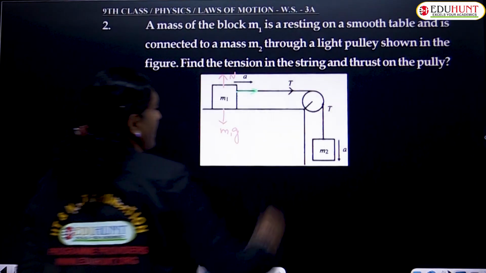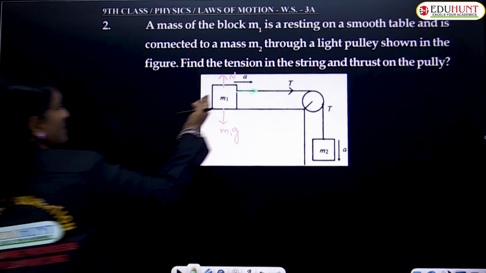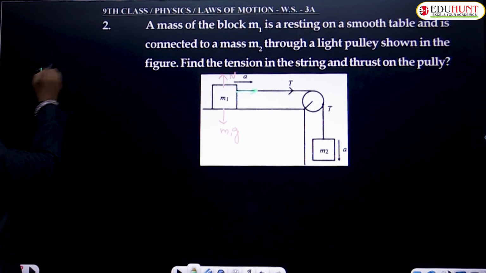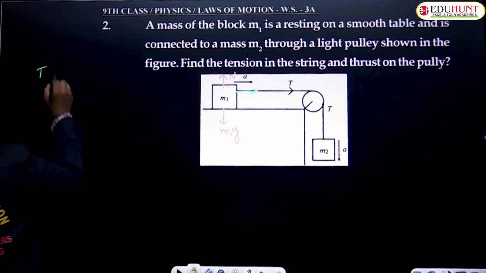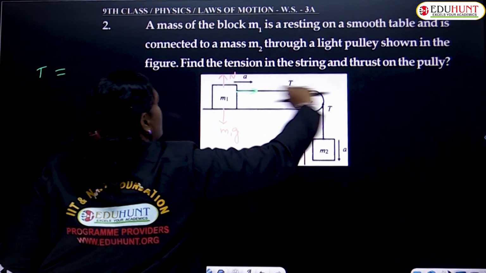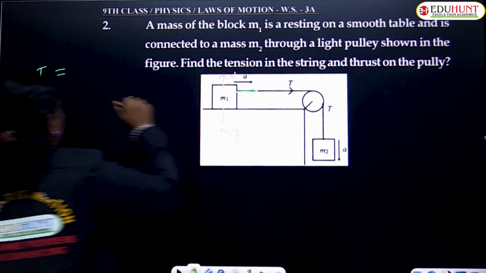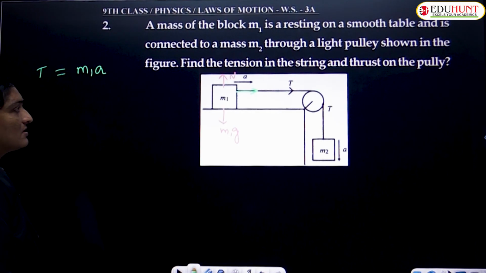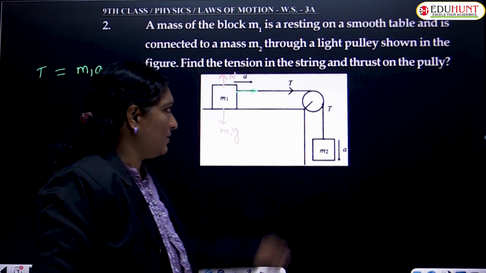As a result, the mass is being pulled. With what force is it being pulled, children? T. So writing the equation, T, this tension force pulling the block M1, is equal to M1 times a. T is equal to M1a.